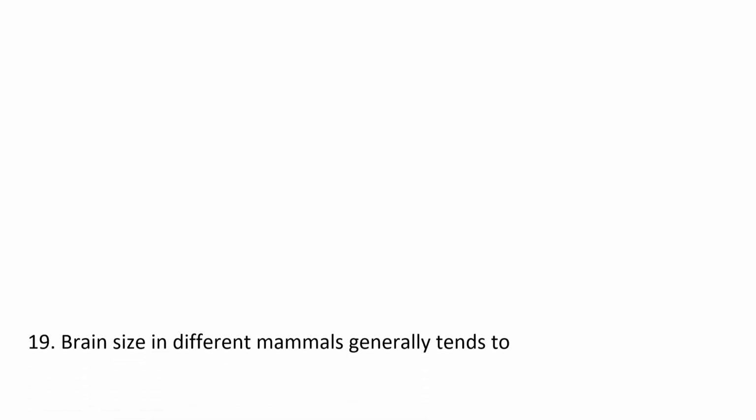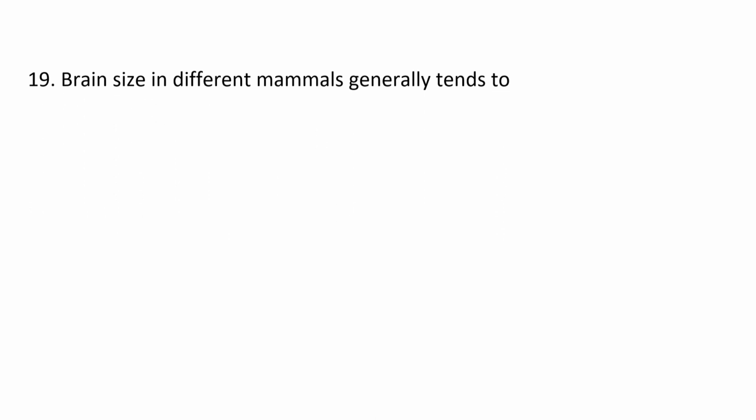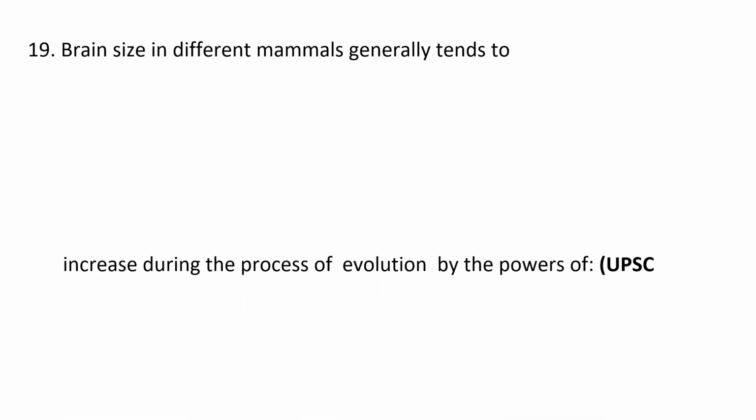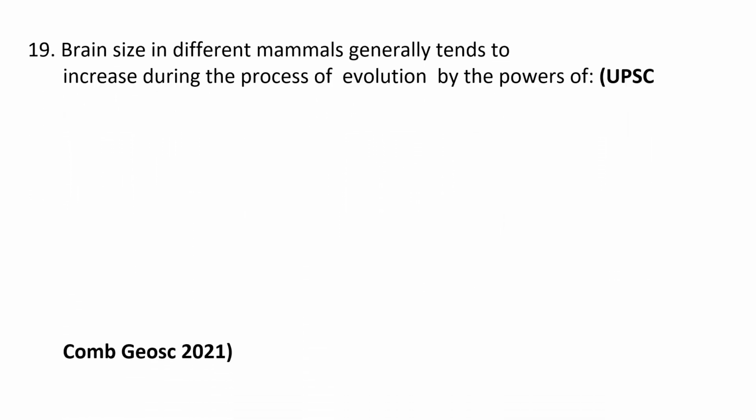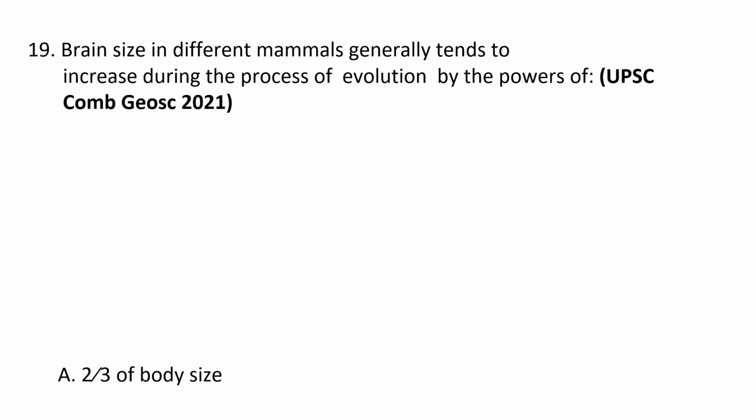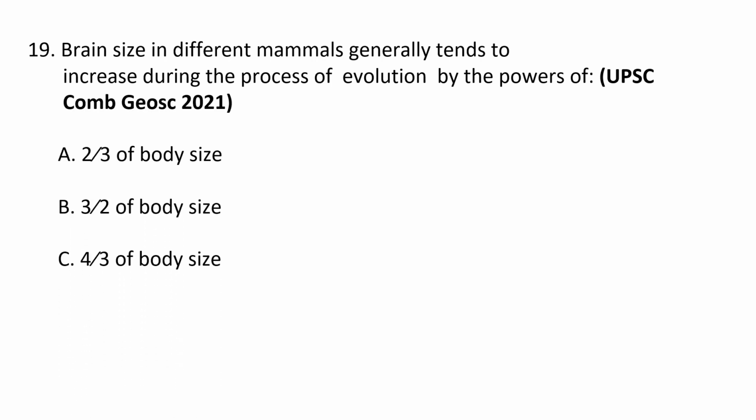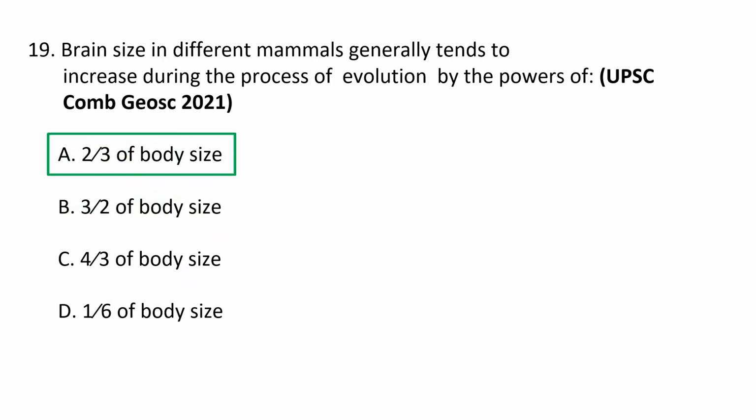Next question. Brain size in different mammals generally tends to increase during the process of evolution by the powers of: A. 2/3 of body size, B. 3/2 of the body size, C. 4/3 of the body size, and D. 1/6 of the body size. So brain size in different mammals generally tends to increase during evolution by the power of 2/3 of the body size.